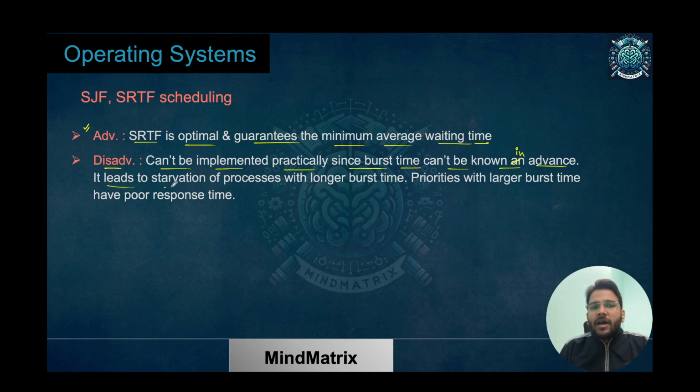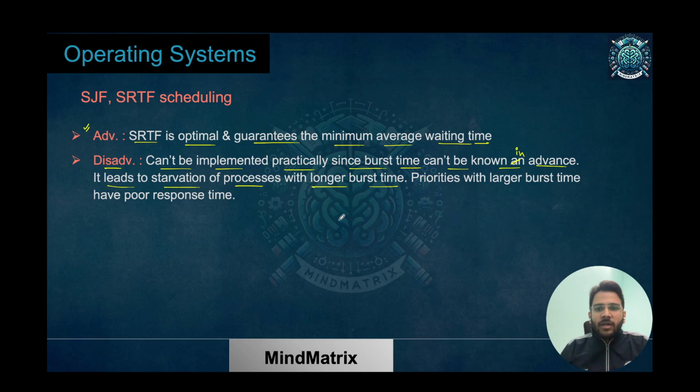It also leads to starvation of processes with longer burst time. Yes, this is possible. In case of SRTF, if processes with lower burst time keep coming and executing, the processes which have longer burst time will have to wait, so they may face starvation.